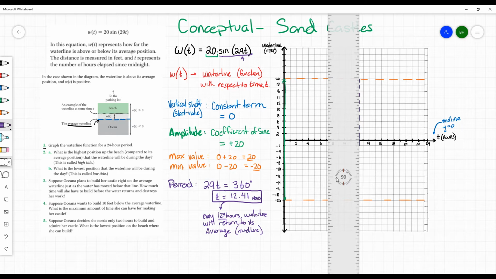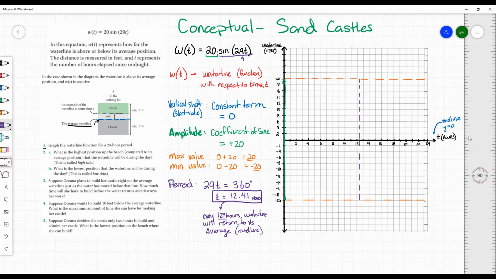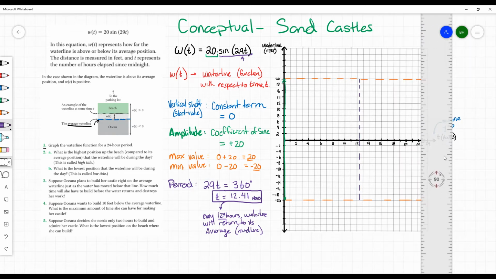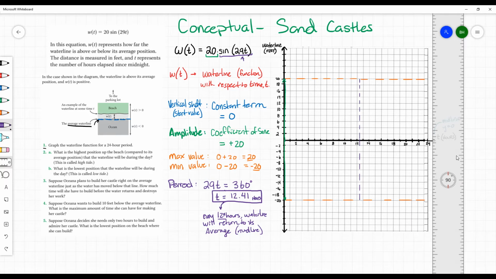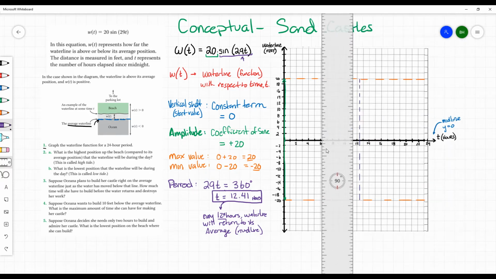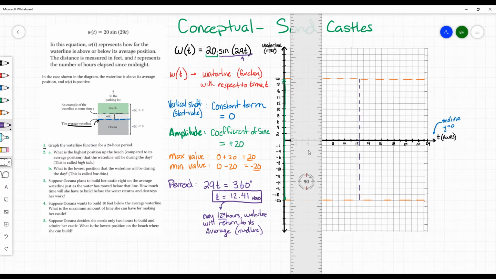And so to make a sine function for a problem like this, I like to first mark off where a full rotation is going to be, so a full period, and then I like to continue with dividing everything in half. And so in this case, half of the 12.41 will be about 6.2. So I'm going to come over here kind of right in between the 6 and 7, but not quite 6.5. This is going to be my halfway point.